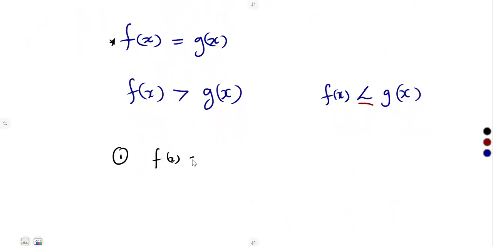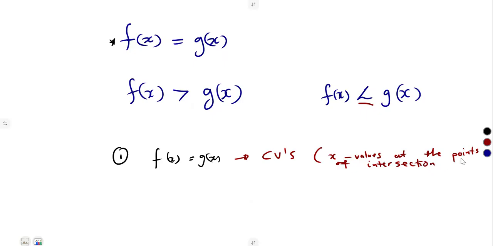For f of x to be equal to g of x, the x values that we need are the x values at the point of intersection, which means our critical values are the x values at the points of intersection. Those are our critical values this time.